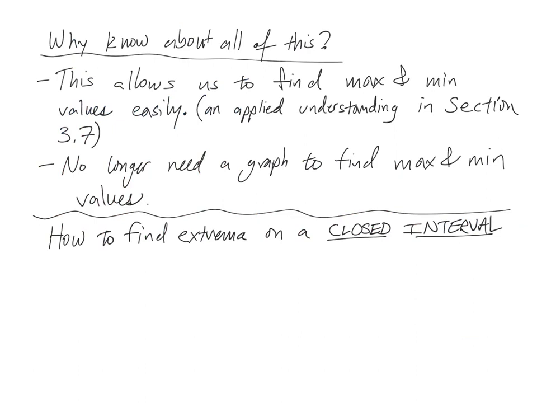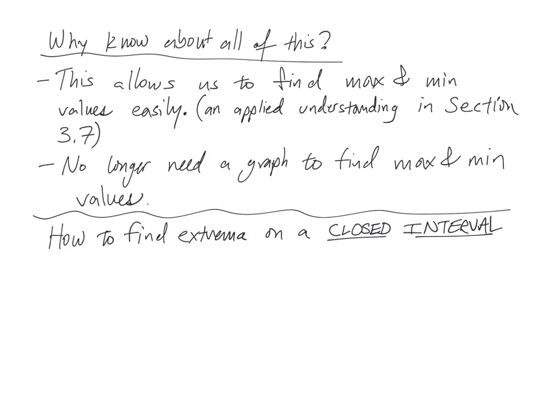Okay, so why know about all of this? Why should you know this? Well, this allows us to easily find max and min values, and we're going to get a little bit into that right this moment, but an applied understanding of why this is important, we will go over in section 3.7, again, in the Larson calculus book.